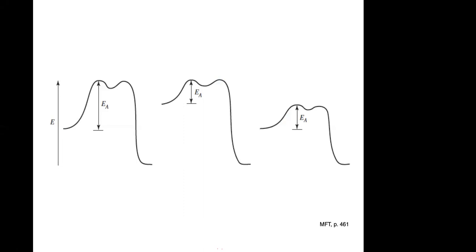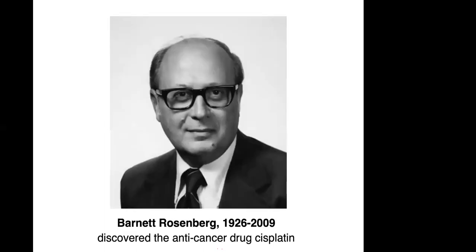All right, good. Let's look at now an example of a very important square planar transition metal complex for treating cancer. And it's a molecule whose activity was discovered by Barnett Rosenberg about 60, 70 years ago. And Rosenberg was a professor at Michigan State, and his focus was really biophysics.